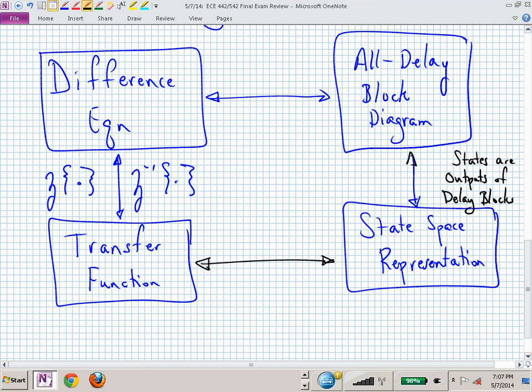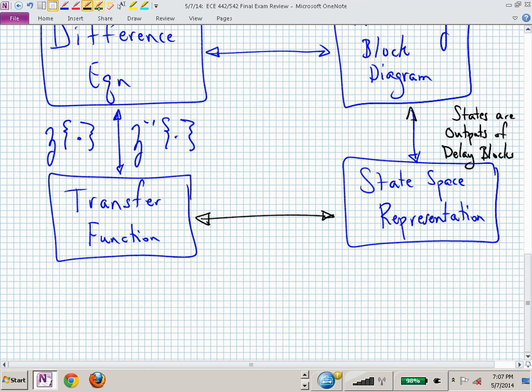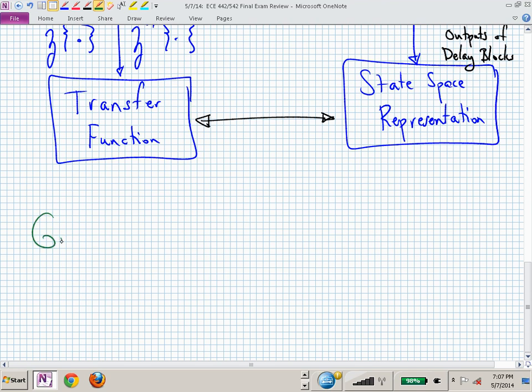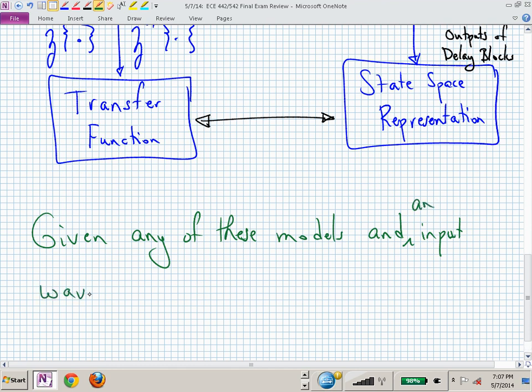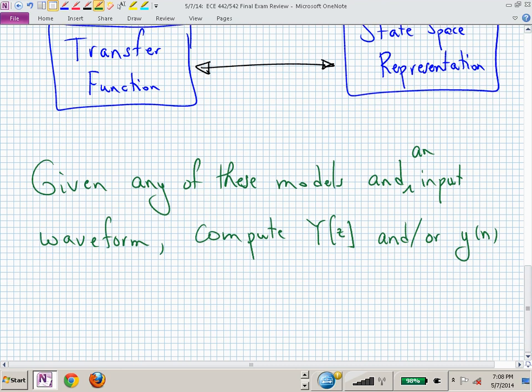The other thing that I might give you is the next topic that we talked about: how do you solve difference equations, or how do you solve dynamic behavior problems, so that if you're given any of these models and maybe an input waveform, you better be able to compute either the Z transform of the output and the time domain sequence y of n, or just y of n.